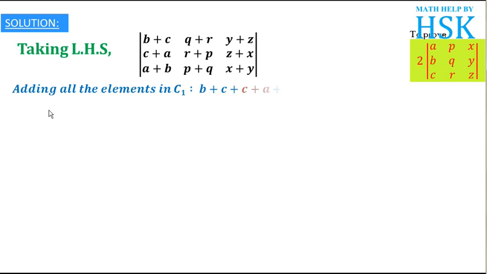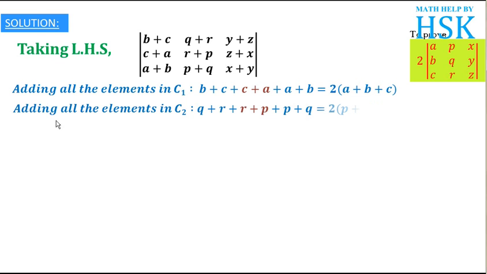Adding all the elements in C1, that is b plus c, c plus a, a plus b, is equal to twice a plus b plus c. a plus a is 2a, b plus b is 2b, c plus c is 2c. So taking 2 as common, I am going to get twice a plus b plus c. It is very crystal clear.